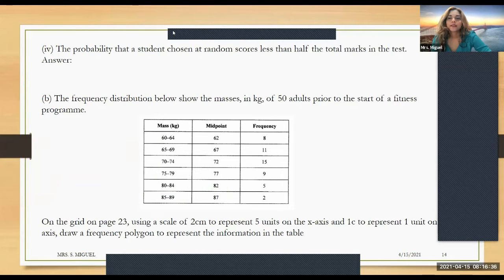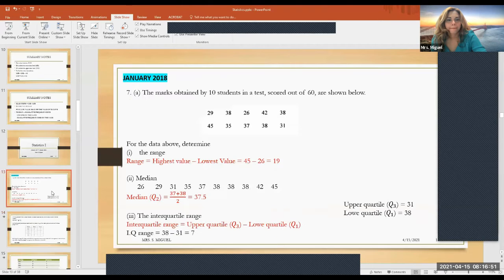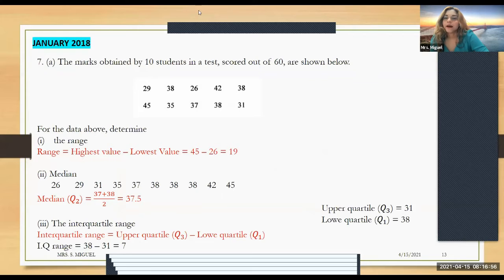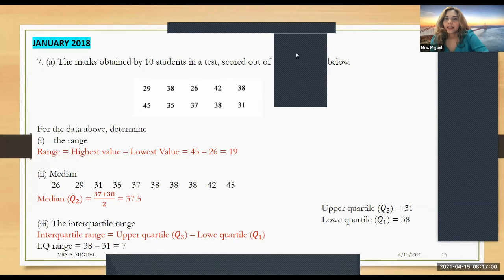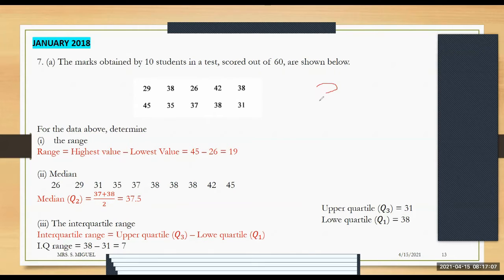Part 4, we want the probability that a student chosen at random scores less than half the total marks in the test. The test was marked out of 60. Half of 60 is 30.